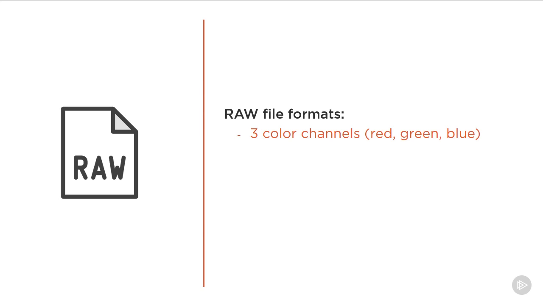So when the light comes in and hits the sensor, what type of sensor that is and the capabilities of that sensor will determine the raw format that your camera can export. Now, 12 or 14 bits per channel is pretty common for a lot of digital camera sensors.